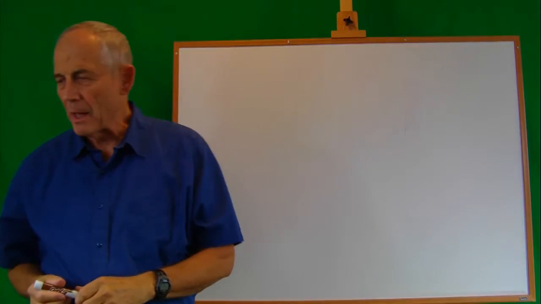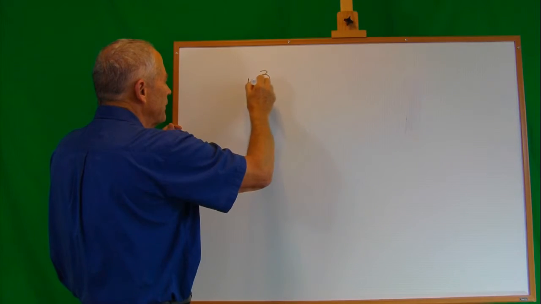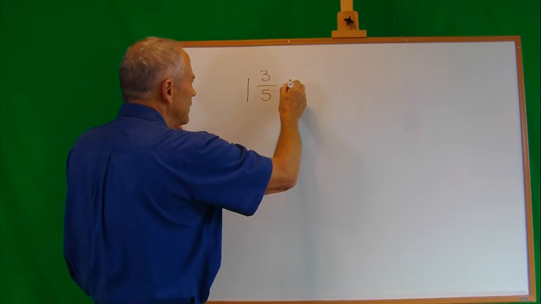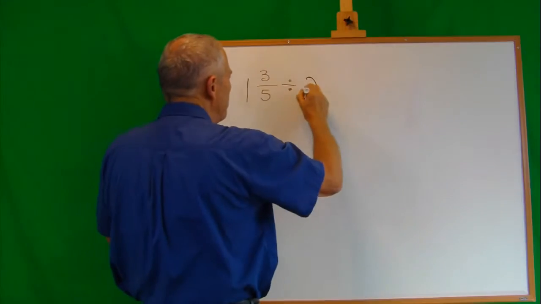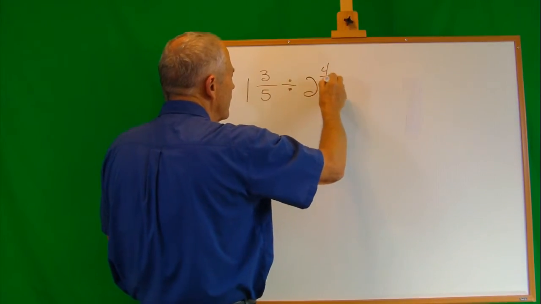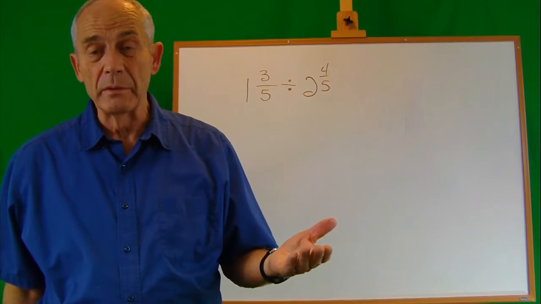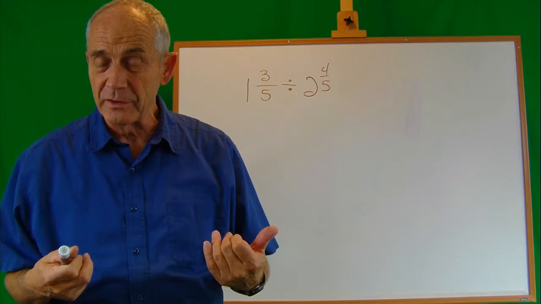So let's say we have a problem like this. We've got 1 3/5 divided by 2 4/5. There's really only one thing that we need to remember. Division is multiplication.